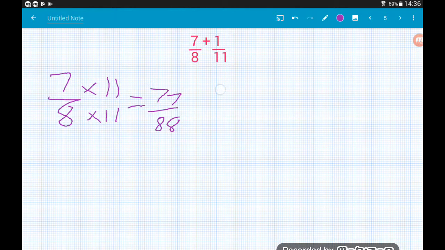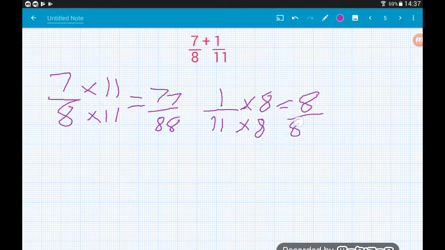And then with 1/11, we're going to need to multiply by 8 on the top and bottom. And that's going to give us 8 88ths, like that.